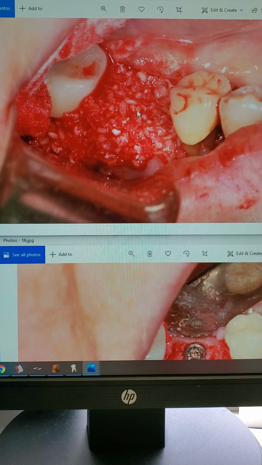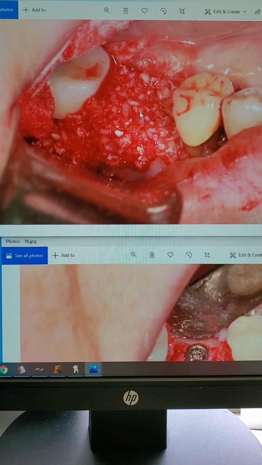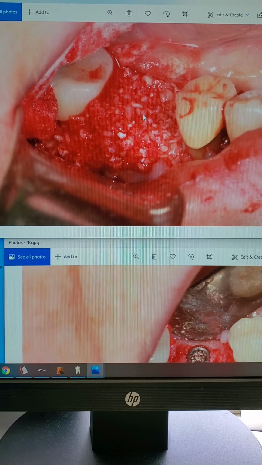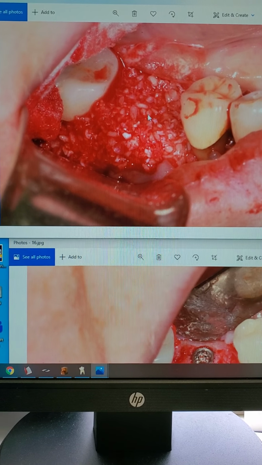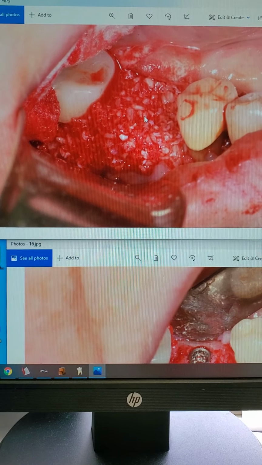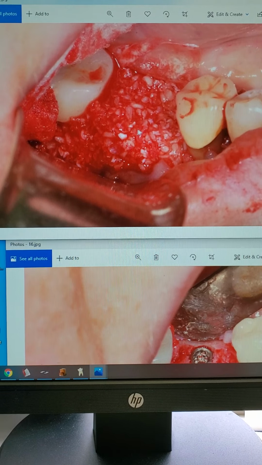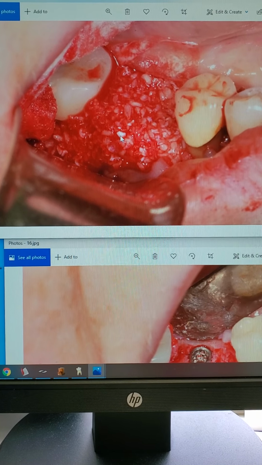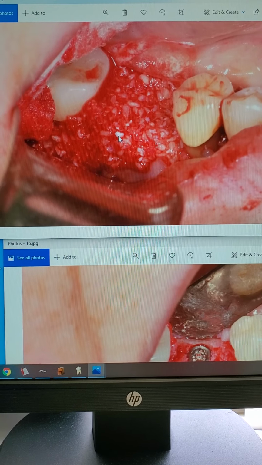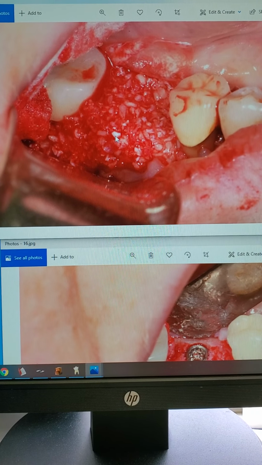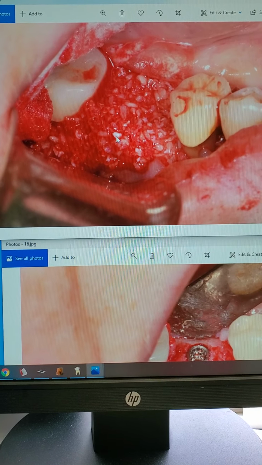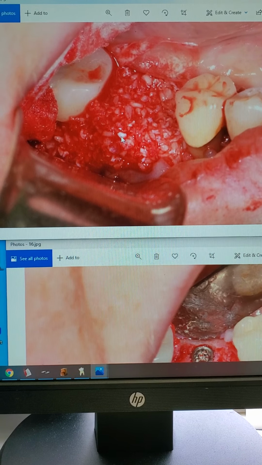So basically what we've done is we've taken some scrapings, we've mixed it with allograft, and a few particles of xenograft. Okay, for example, let's say this particle, xenograft. Mostly it's allograft, bulk of it is allograft, a little bit of autogenous, and very little xenograft.